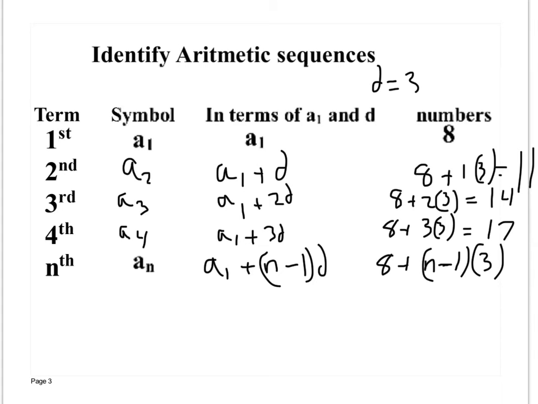We times it by 3, didn't we? For the third term, we times it by what? 2. For the second term? 1. So everybody see why we do n minus 1? If I wanted to find the 15th term, what would I times D by? 14. Everybody get it?